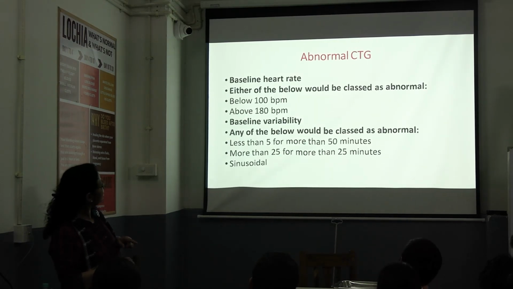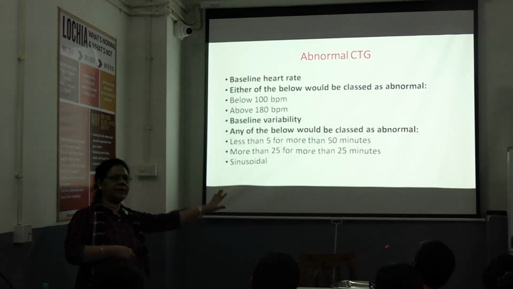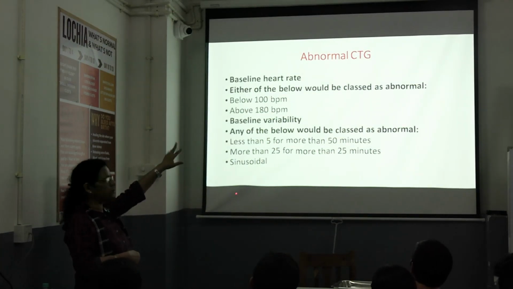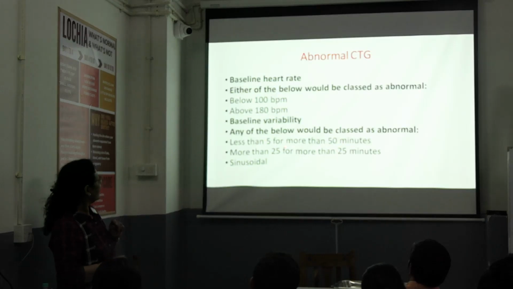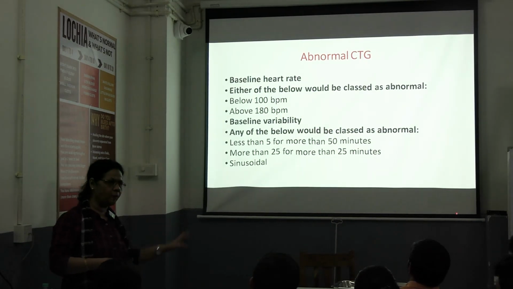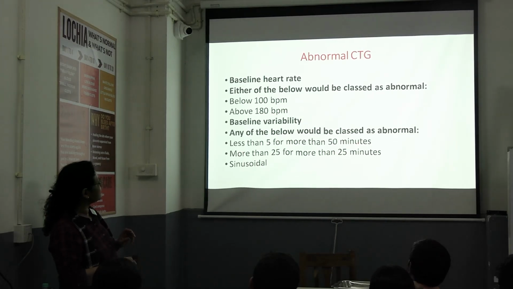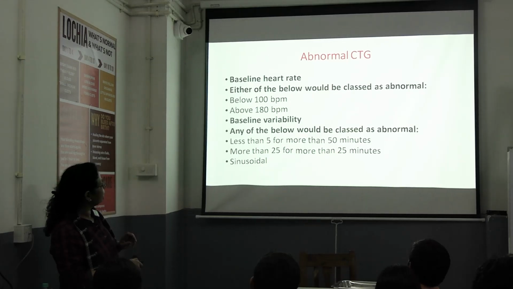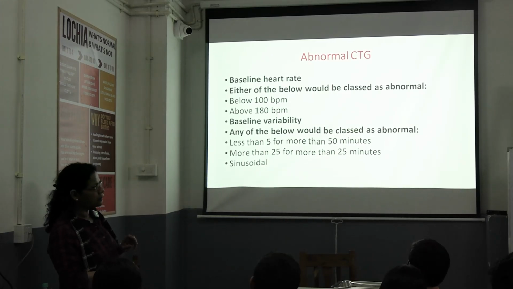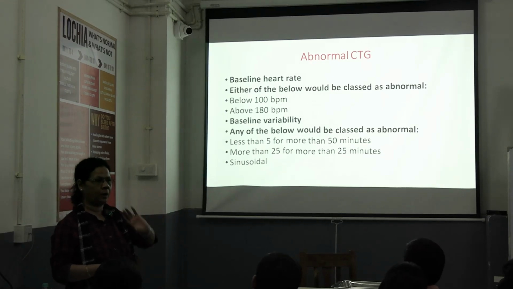So abnormal CTG we have understood. If you see a heart rate of say 80, stamp it as abnormal. And baseline variability of say 30 is again abnormal. And you have to see for what duration it is persisting. If it is less than 5 for 50 minutes, it is abnormal. More than 25 for more than 25 minutes, abnormal.